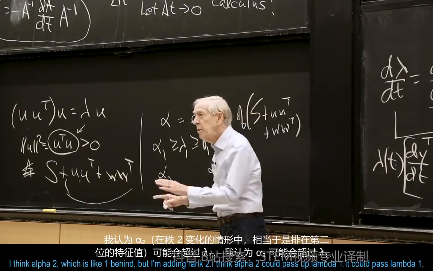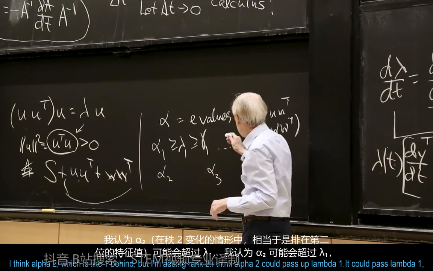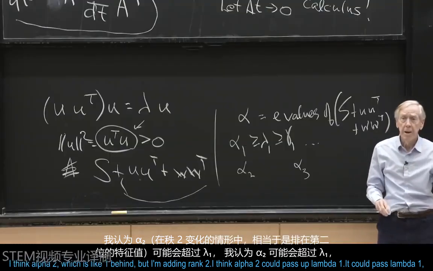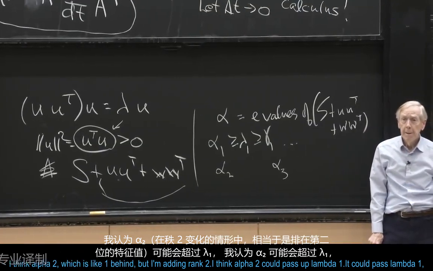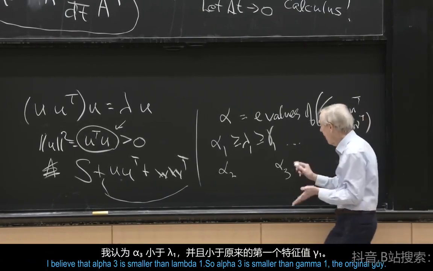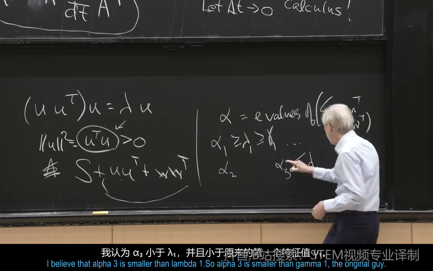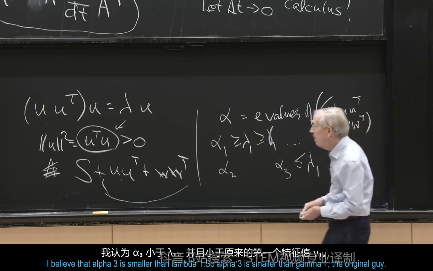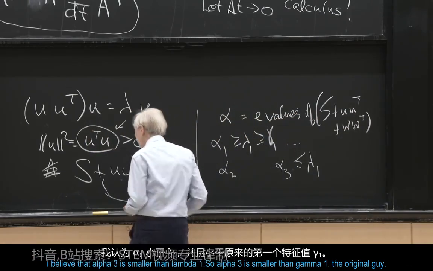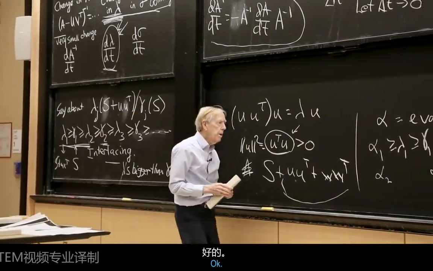I think alpha 2, which is like 1 behind, but I'm adding rank 2, I think alpha 2 could pass up lambda 1. It could pass lambda 1, but alpha 3 can't. I believe that alpha 3 is smaller than lambda 1. So alpha 3 smaller than gamma 1, the original guy. Yeah, okay.